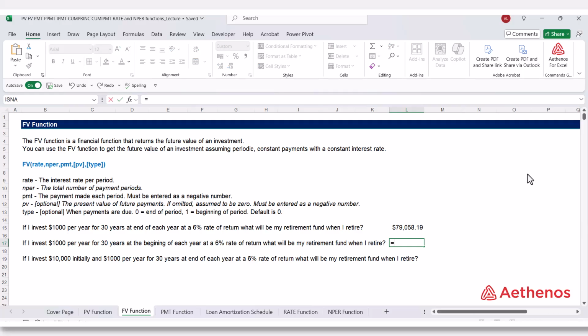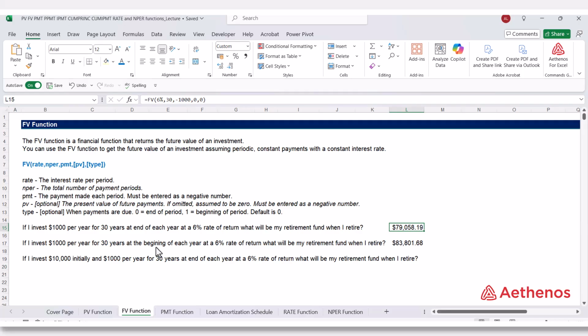So let's do the function, equals FV, the rate is 0.06 or 6%, number of payments 30, and the payment is minus 1,000, and present value is 0, and here we are going to have beginning of the period, so 1, and we get 83,000, which is higher than the 79,000 we got for end of the year cash flows.